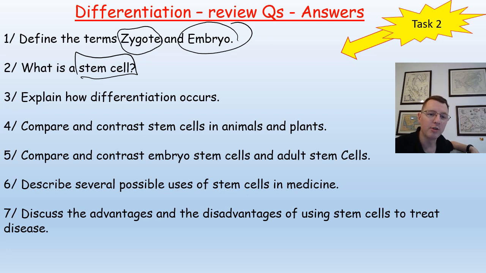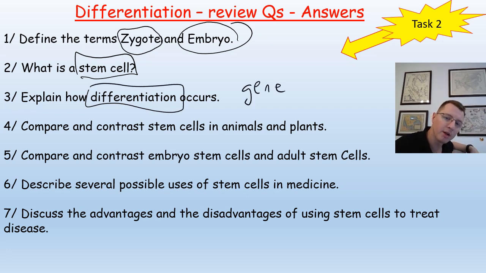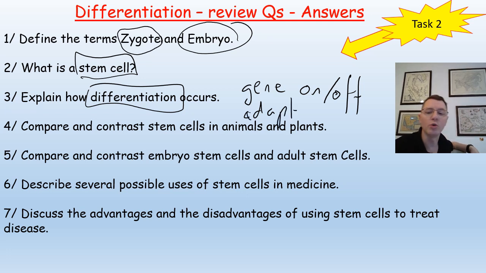Explain how differentiation occurs. Well, differentiation occurs when different genes in different cells are switched on or off to allow the cell to adapt to different functions. Compare and contrast stem cells in animals and plants.